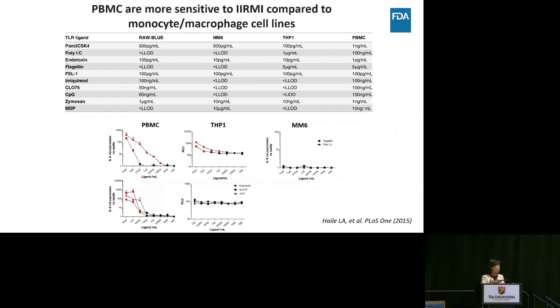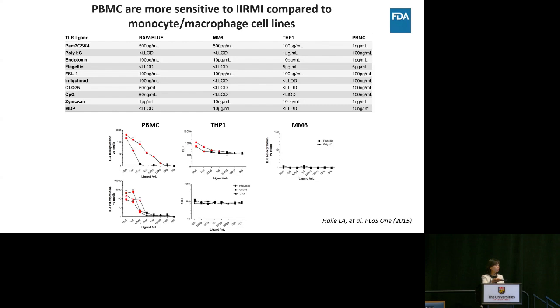This is our publication, and this study shows that PBMC are more sensitive compared to the cell lines. You can see overall PBMC respond to lower levels of impurities compared to the cell lines. And if you look here, I'm not sure whether you can see well, but THP1 and MM6 barely respond to poly-IC, imiquimod, and CpG, which is a ligand for nucleic acid.